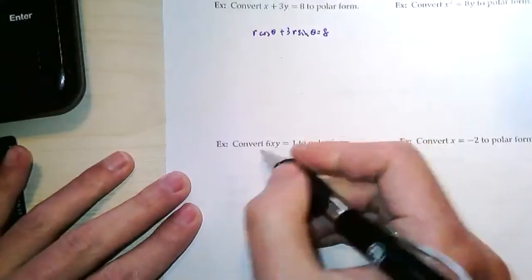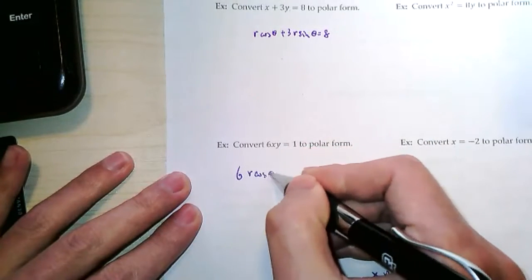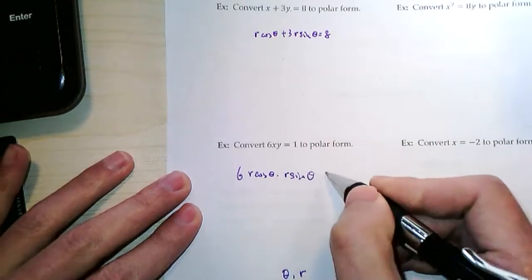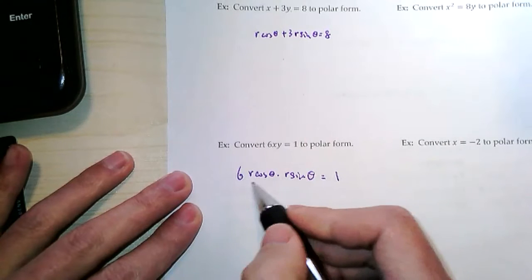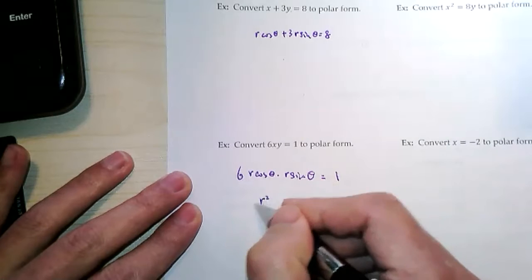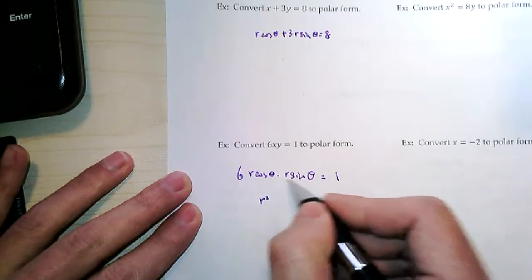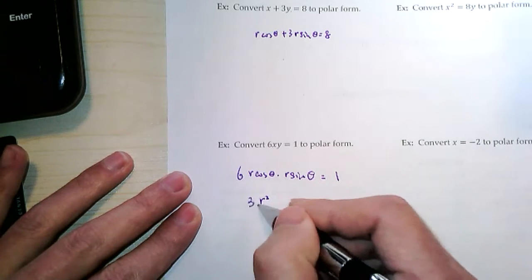How about 6xy? 6 still there. x is r cosine theta, y is r sine theta, equal to 1. You have some terms which you can merge with each other. r can merge with r, it gives you r squared. 6 is 3 times 2.